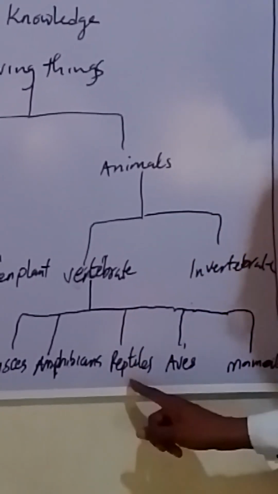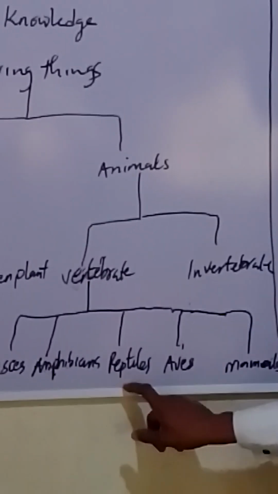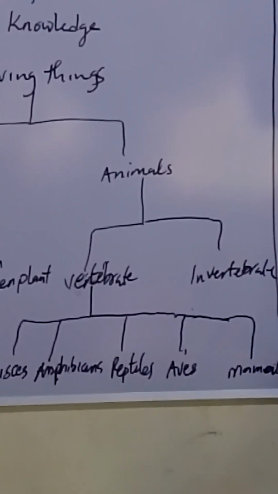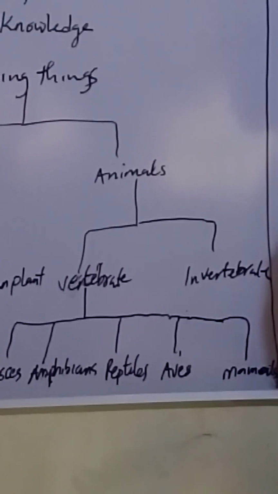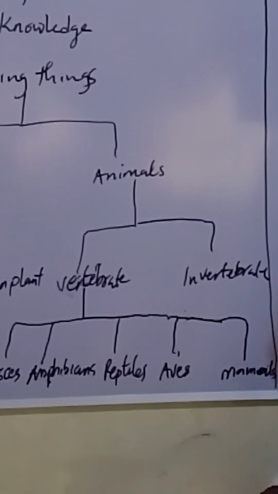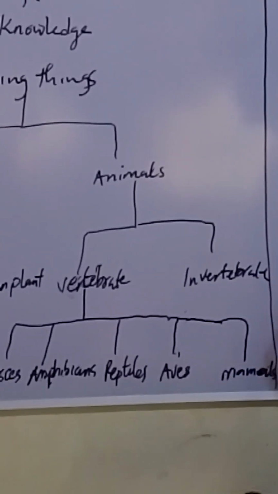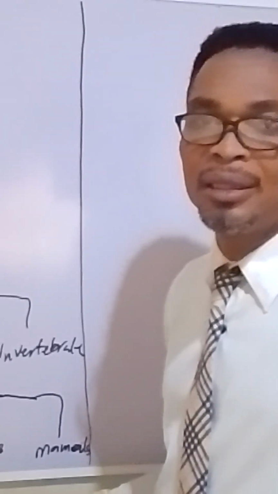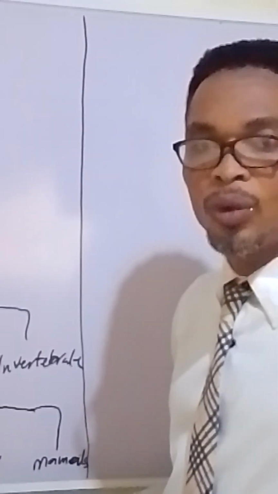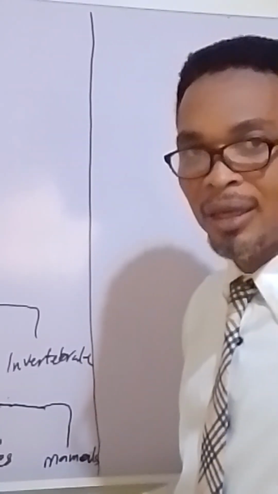Then the reptiles. This group consists of snakes, lizards, turtles, and tortoises. The difference between turtle and tortoise is that the tortoise lives on land, while the turtle lives in water.